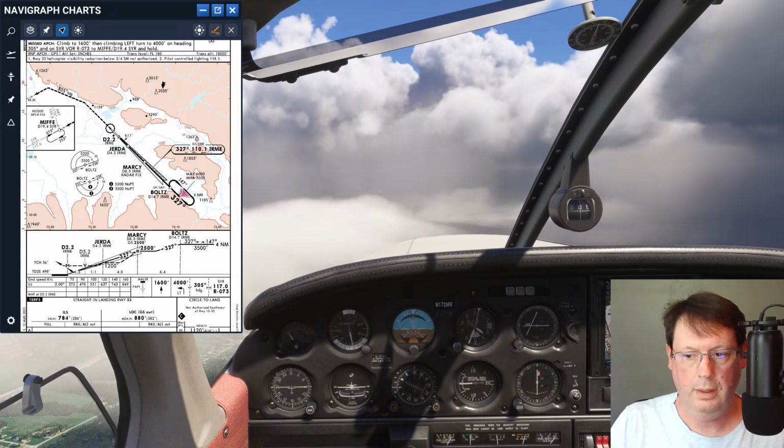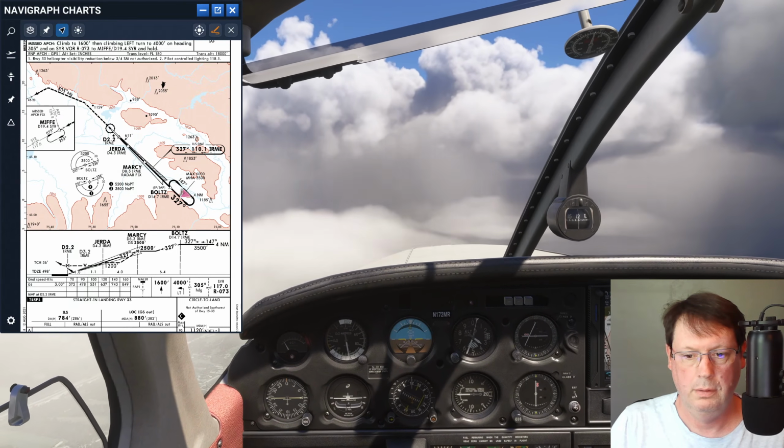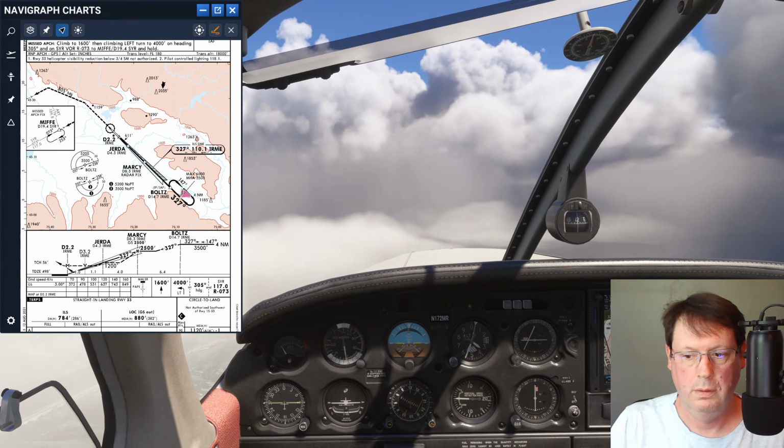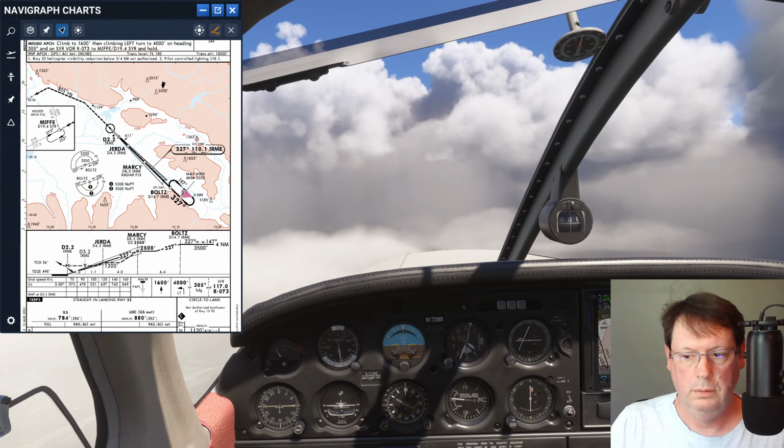So it should be vertical track. Yeah, so it's giving me, there's 4.2.